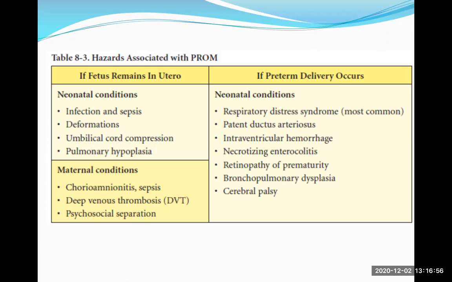What is happening to the amniotic fluid after the membranes are ruptured? It leaks outside, right? So the protection given by that amniotic fluid is gone now. There is no barrier between the uterine wall and the baby. As a result, the uterus constantly keeps on compressing the baby, so different types of deformity may develop. That's how you should understand it.